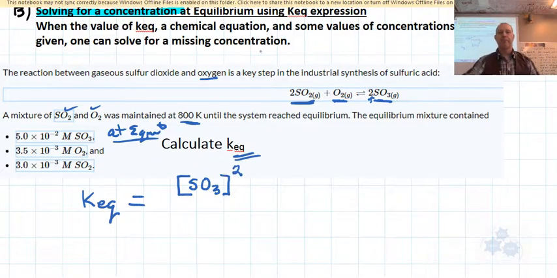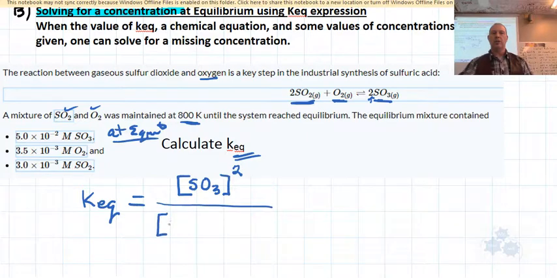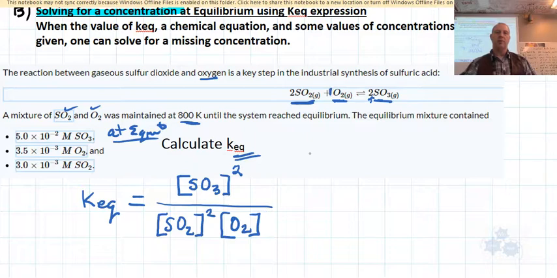So that's always the rule with the Keq. Just use the balanced equation coefficients as the exponents. Divided by the concentration of the reactants. That's going to be SO2, concentration of SO2 squared. And don't add them here, always multiply O2 to the power of just 1, because there's a 1 for a coefficient there.